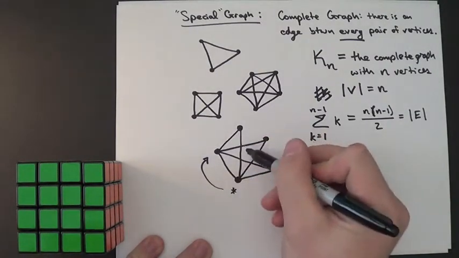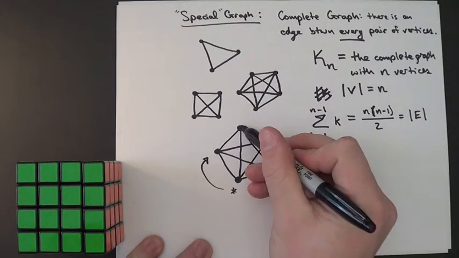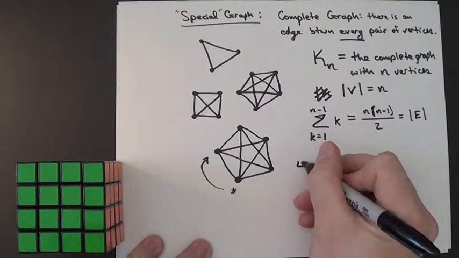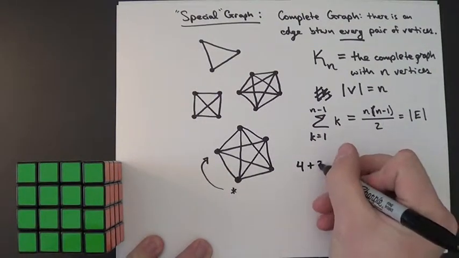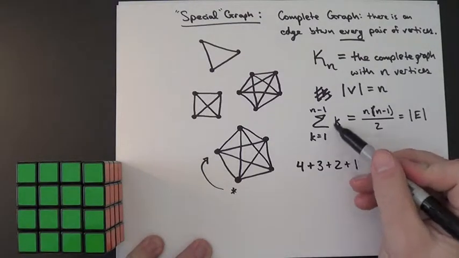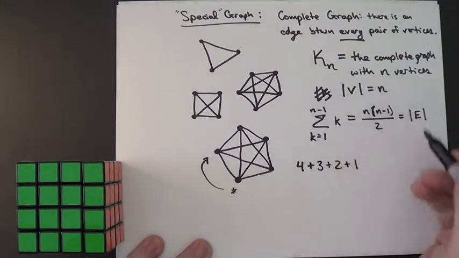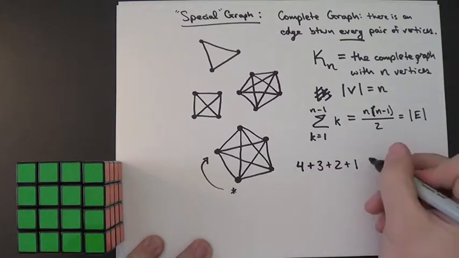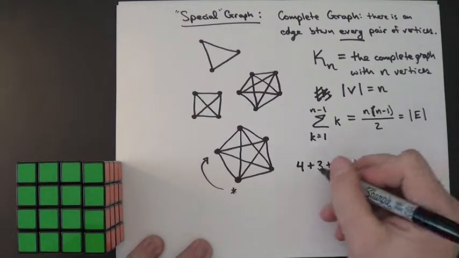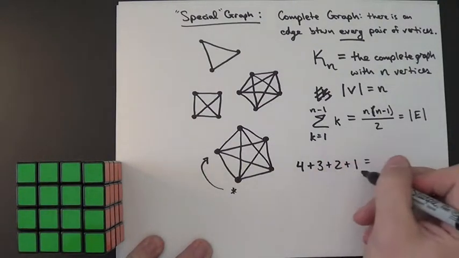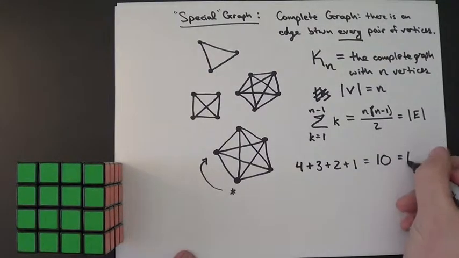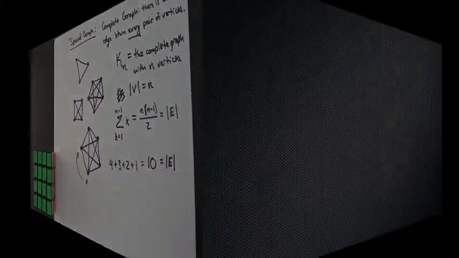Then continuing around, I've already got 2, so I can only draw 2 more. And finally I can only draw an additional 1. So I start with 4 edges that I could draw, then 3, then 2, then 1, adding the numbers from 1 to 1 less than the total number of vertices, which is 5. And we end up with, 6 plus 4, 10 for the total number of edges.